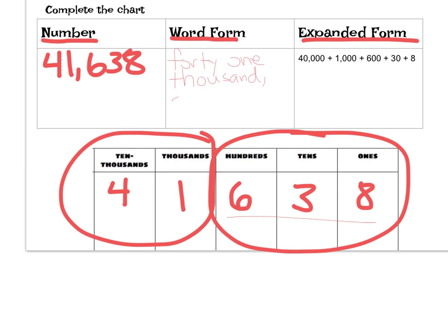So I use a lot of my knowledge from where to place commas to write it in word form. So I look at what's in my thousands place. I have 41,000, comma, and then I look at what follows that, and it's 638. So I'll write 638.